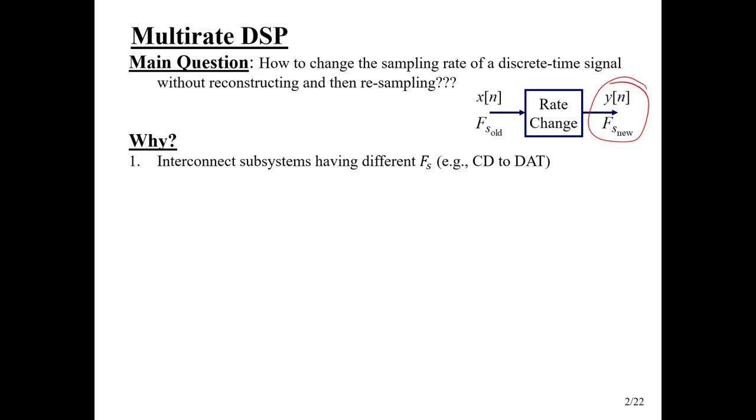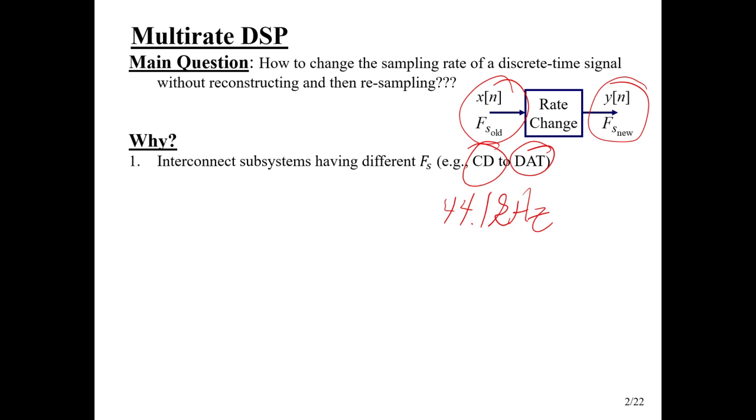That's a good question. I'm going to address things from an audio point of view. So sometimes we might have data from one medium. So this might be from a CD, and that's sampled at one particular sampling rate. It's actually 44.1 kilohertz. And we might want to convert it into another format, which is DAT, digital audio tape.